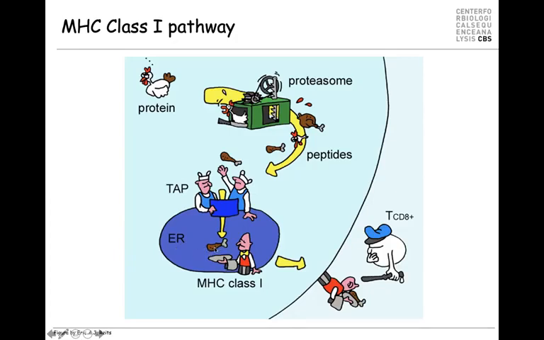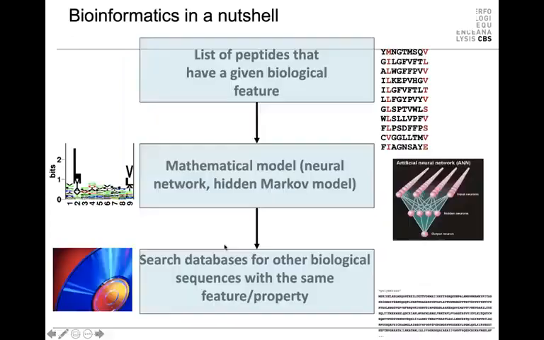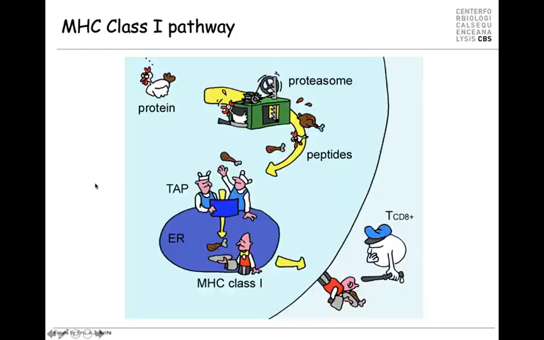And if the peptide has the right amino acid sequence, that means they match this binding motif we have characterized here of the MHC molecule, then they might bind to the MHC molecule and go out to the cell surface, where the immune system T cells will await and scan for peptides of foreign origin shown on the cell surface bound to MHC.